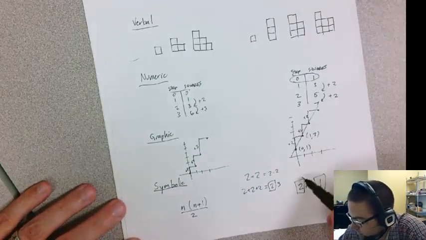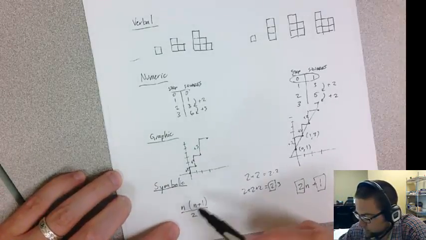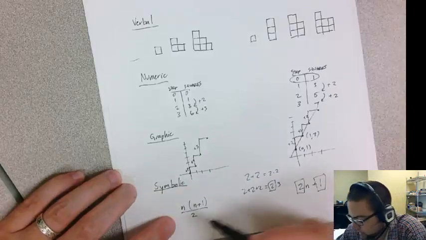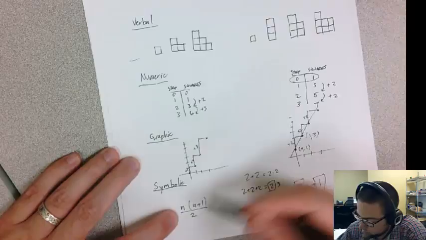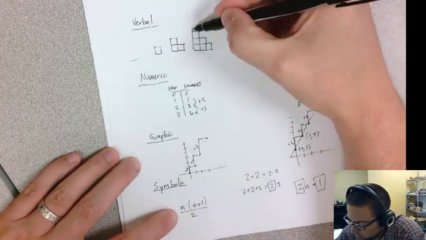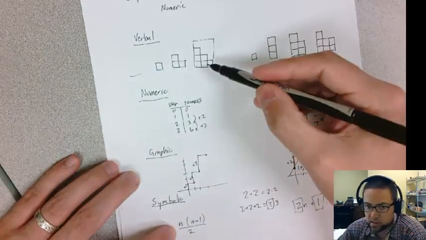Okay, so that's the way you can pick those two out. This one's a little bit more difficult to come up with, so I just gave it to you. But if you want to think about this as n times n plus 1 divided by 2, you can think of this as a rectangle.